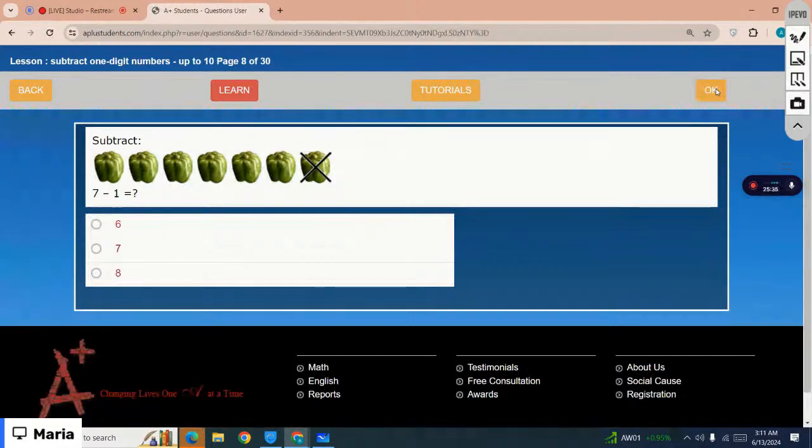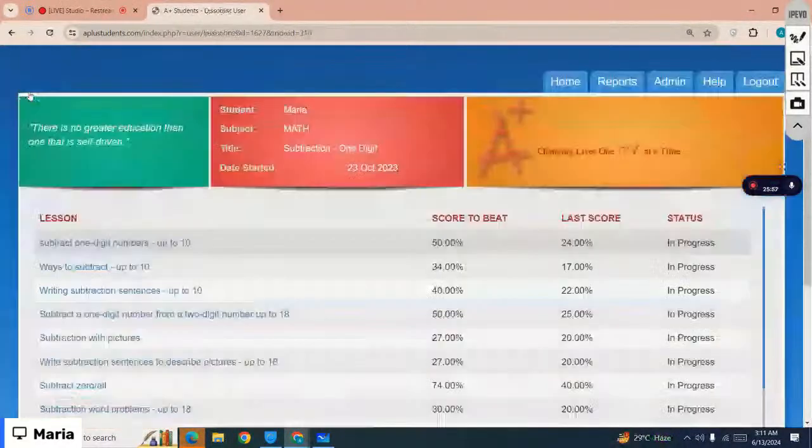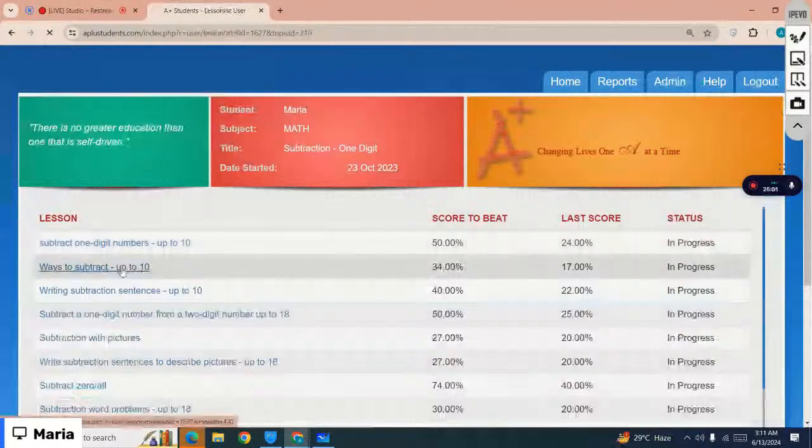The correct option is, very good, 6 it is. Okay, you can complete the lesson by yourself later today. Let me just move on to the next lesson, and the next lesson is ways to subtract up to 10. Let's just start with the next lesson.